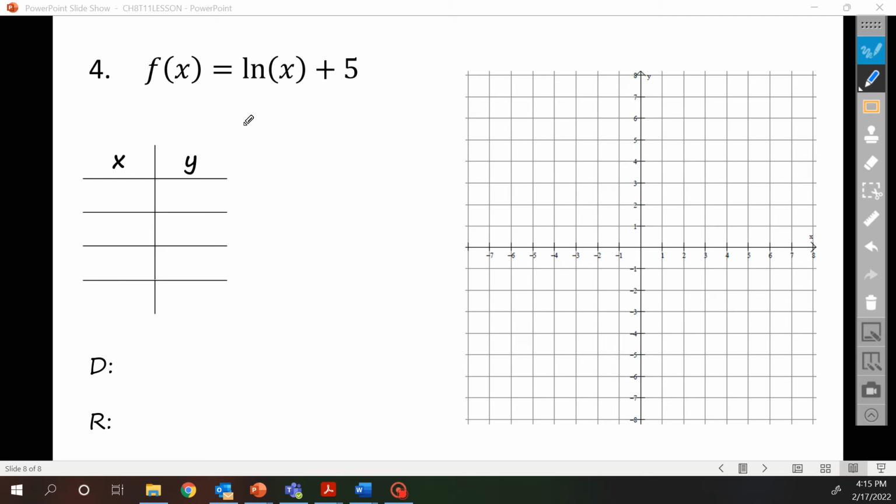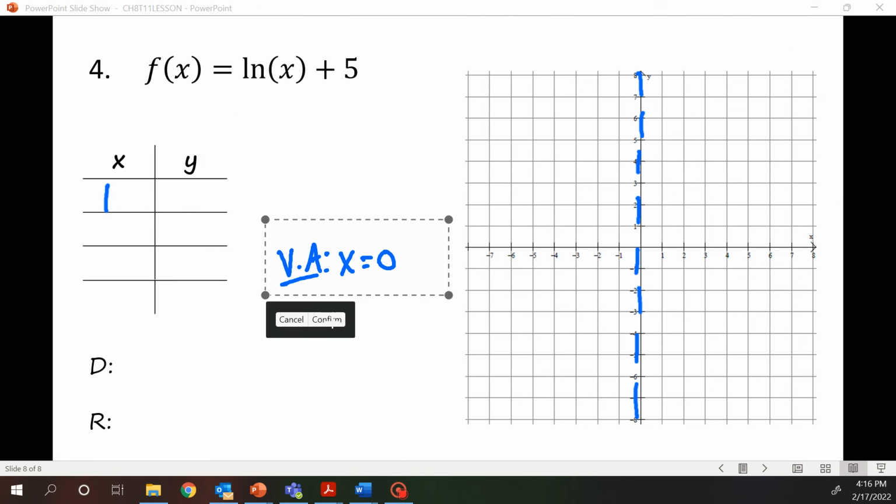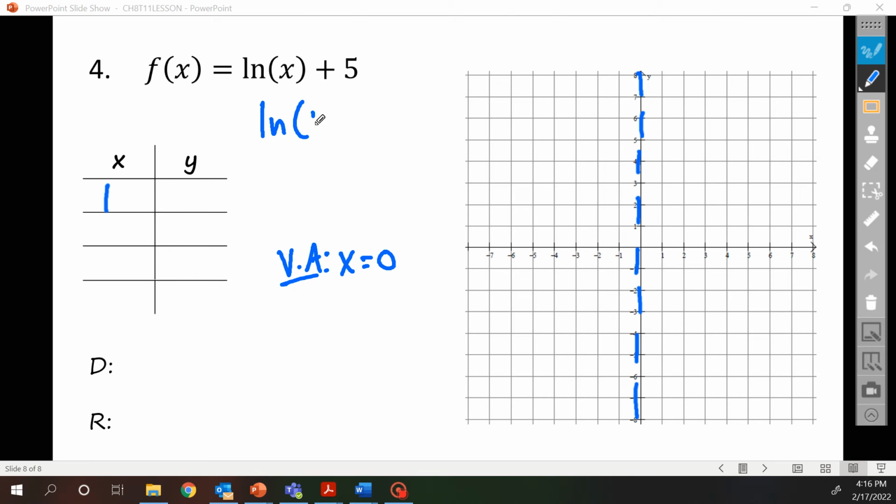So first I identify where the vertical asymptote is, and it's going to be at 0 because it can't take a log of 0, so x equals 0. This is right here. I'm going to pick the first point to the right of that, which is 1, and I'm going to plug that in. So the natural log of 1 plus 5, so that's 0 plus 5, which is 5. So 1 comma 5 right here.